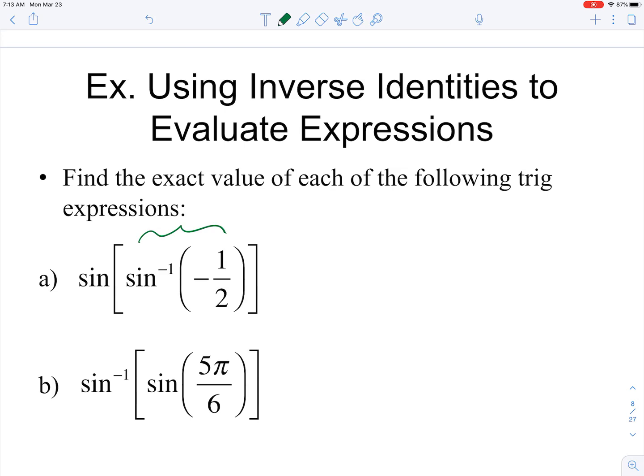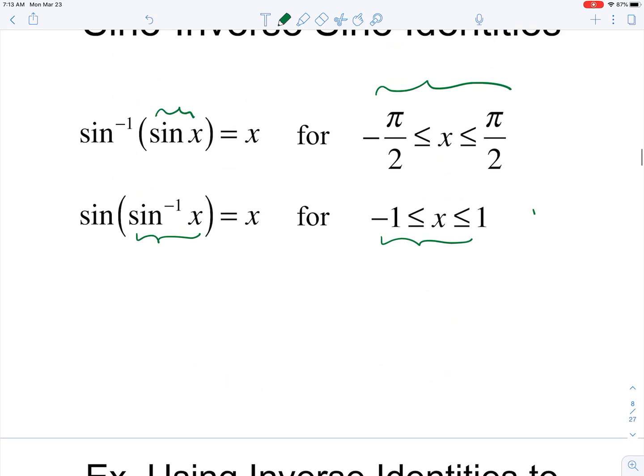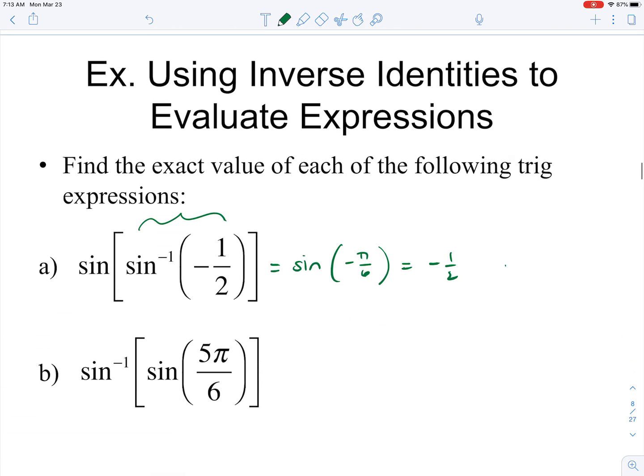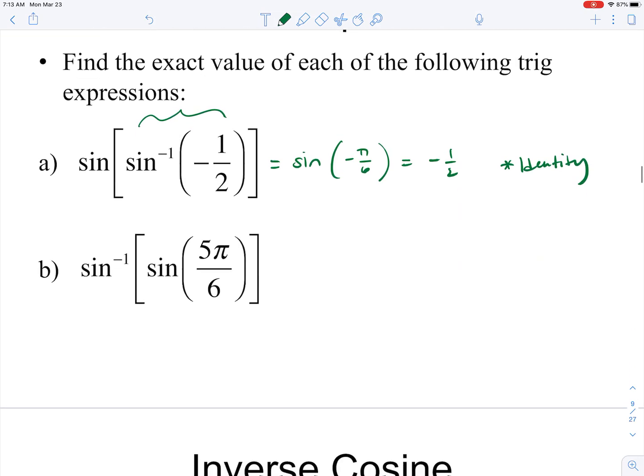That angle would be negative pi over 6. So this is equal to sine of negative pi over 6, which is equal to negative 1/2. This follows the second identity here, since inverse sine is being evaluated at a value between negative 1 and 1, the identity holds. So sine of inverse sine of negative 1/2 is equal to negative 1/2.